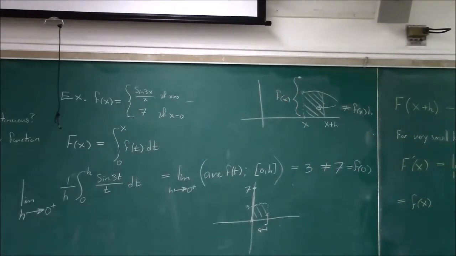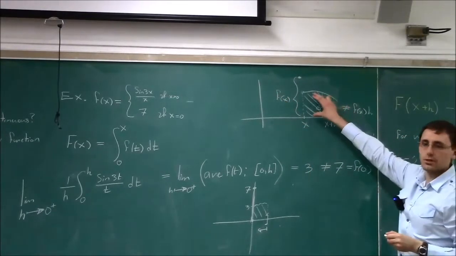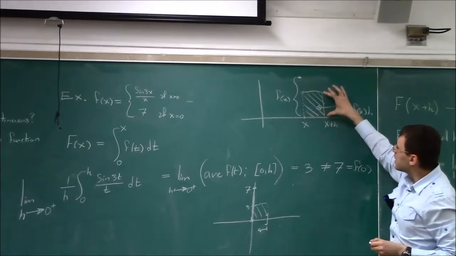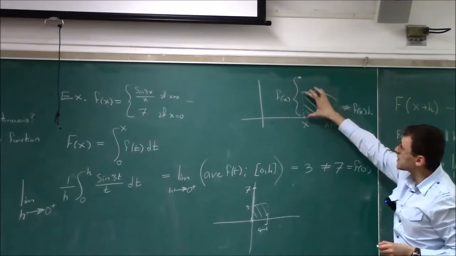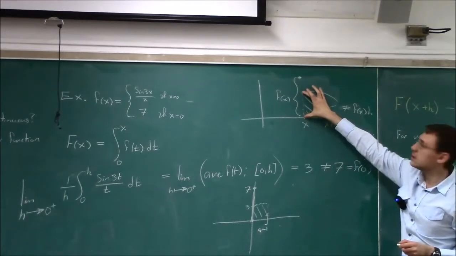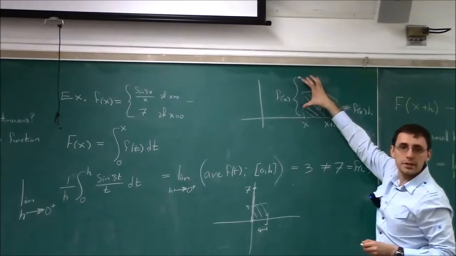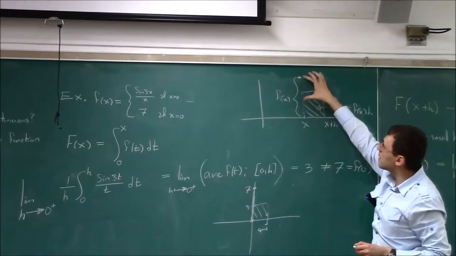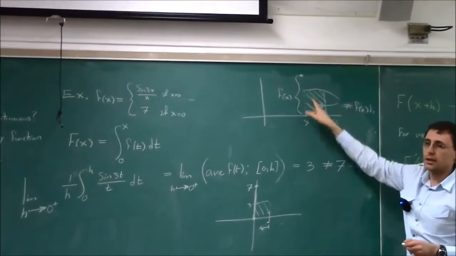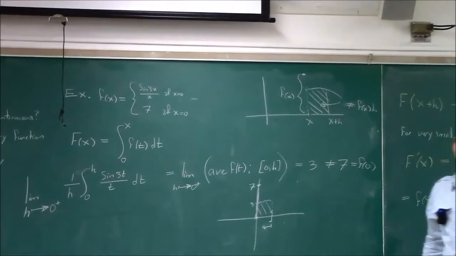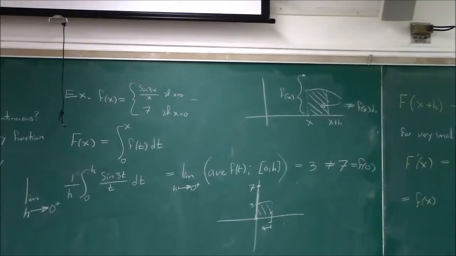It's an outlier, you see? So this area should be, if this region is very small, like the length of this wall times h. But if the function is not continuous, this f of x does not represent the wall, the left wall. Does it make sense? No? All right.